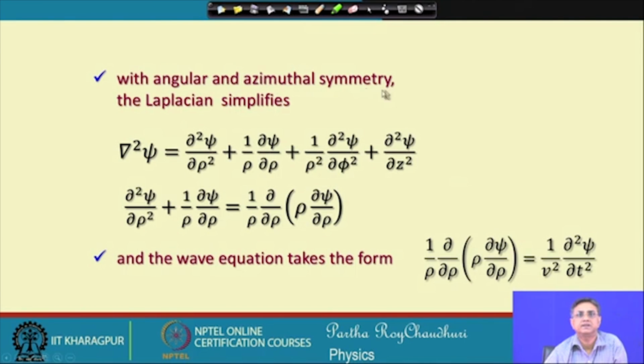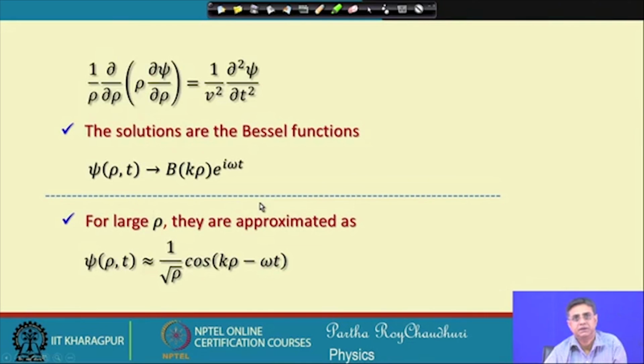With the azimuthal symmetry, that is, if I assume that it is independent of the azimuth, we can write this equation only as a function of rho, and the wave equation takes the form of this, because you can remove these two terms because of the independence from azimuth.